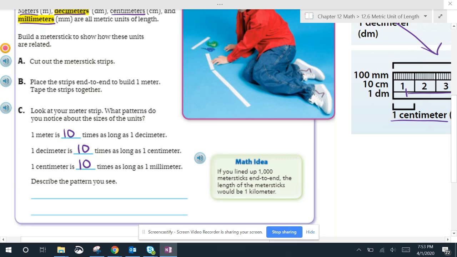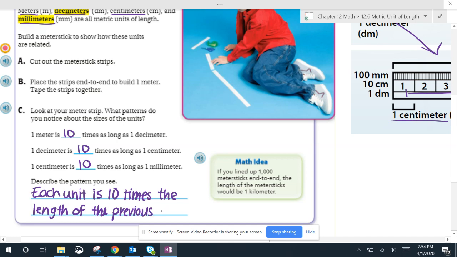So if we look at the pattern we see here, each unit of measurement is 10 times larger than the next smallest one. So each unit is 10 times the length of the previous unit.